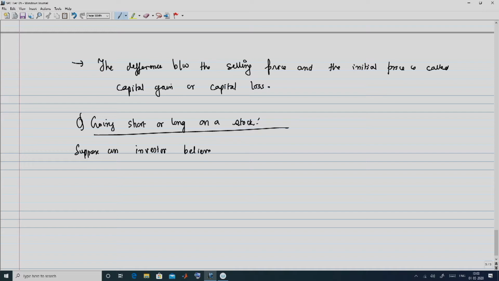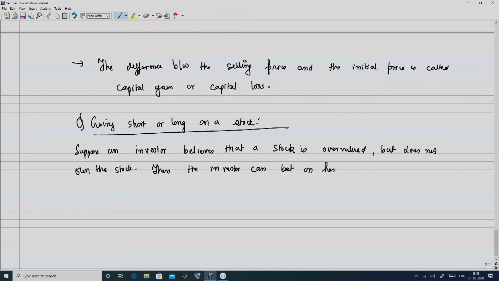Suppose that an investor believes that a stock is overvalued, that means its price is higher than it should be, but does not own the stock. Then the investor can bet on her or his belief that the stock is overvalued by short selling the stock.